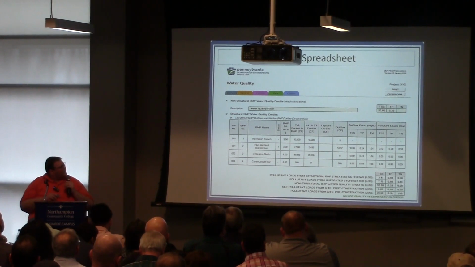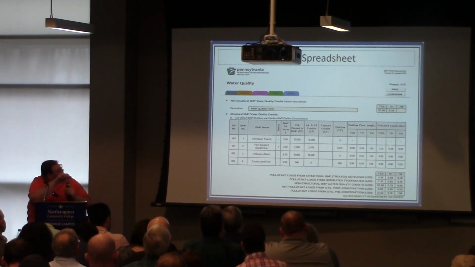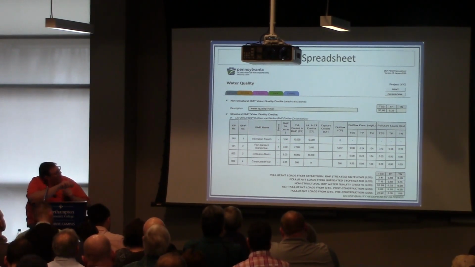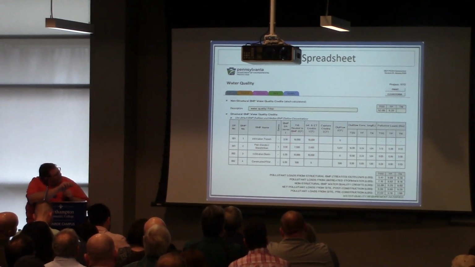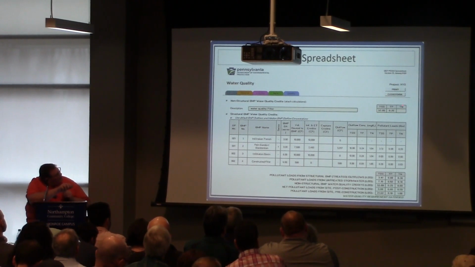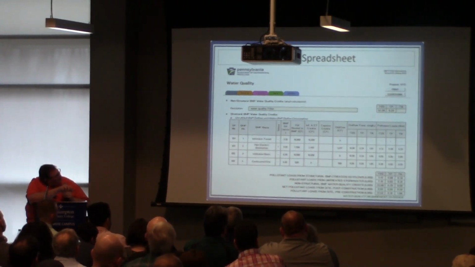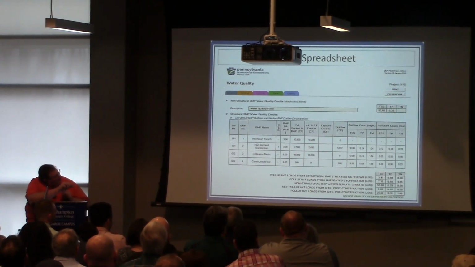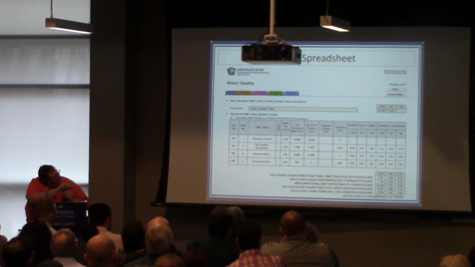Now you're going to get into where you're identifying your BMPs, identifying the credits, and, sorry, your reductions, and then it'll go through and calculate out your reductions down here.